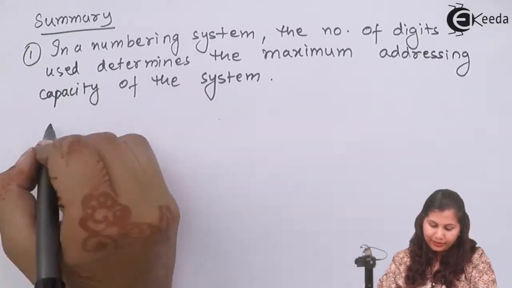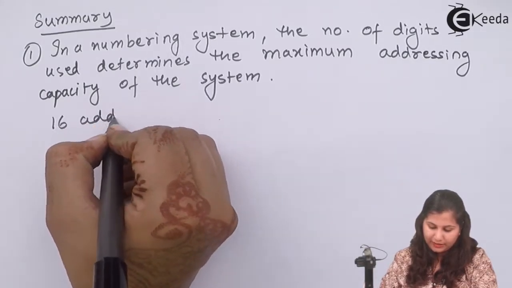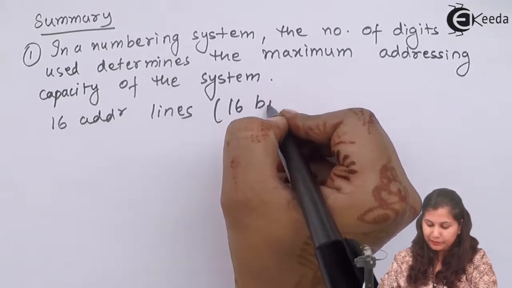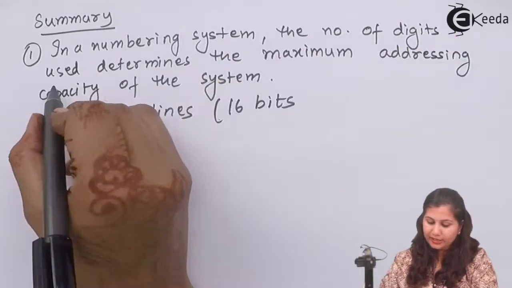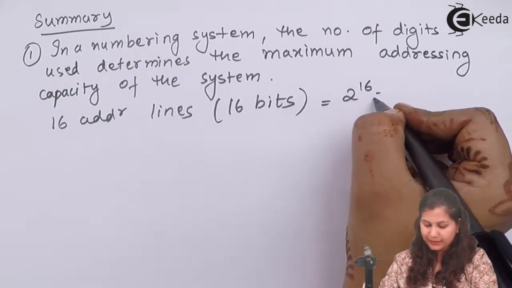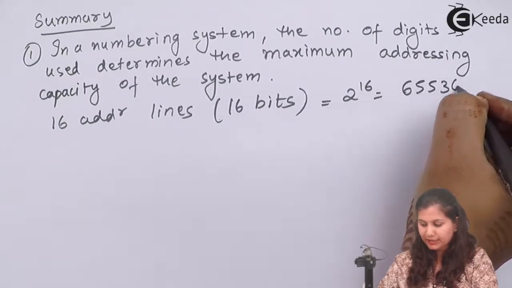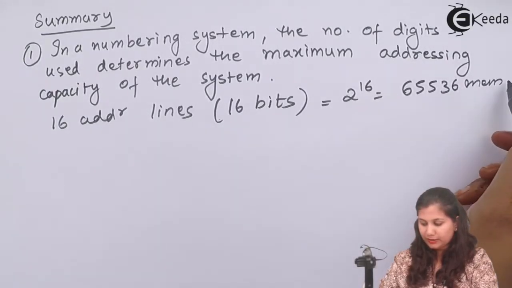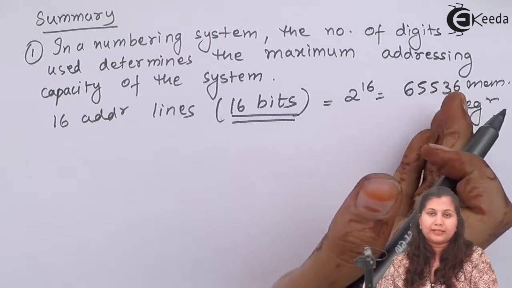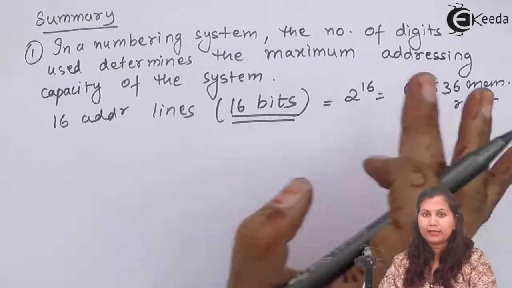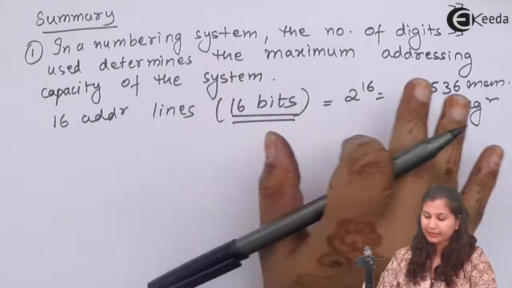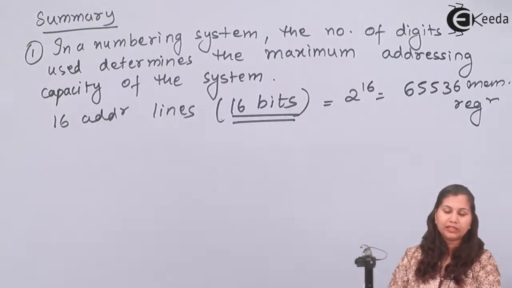Like in the 8085 microprocessor, we have 16 address lines. So these 16 address lines can have 16 bits. So the number of digits determines the maximum addressing capacity. So 2 raised to the power 16 means 65536 memory registers. So the number of bits the microprocessor is using determines the maximum addressing capacity of that system, that it can address this many number of memory registers.